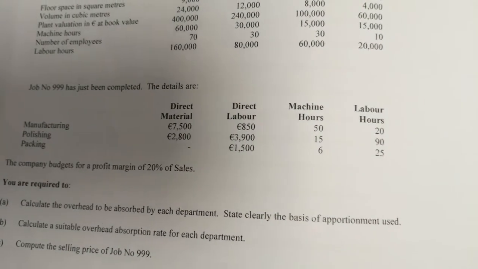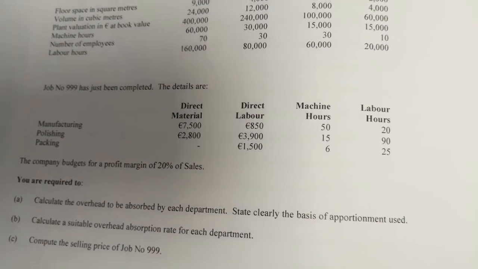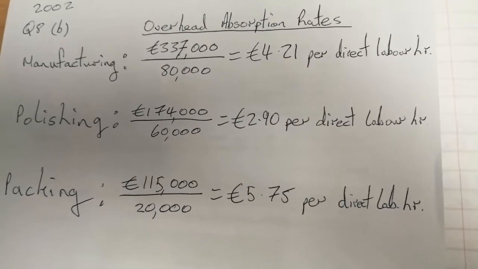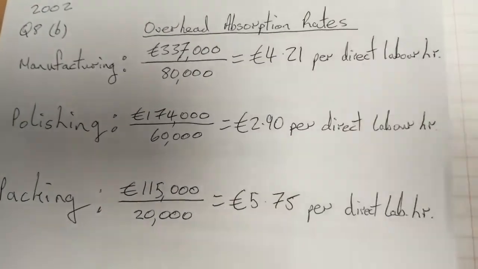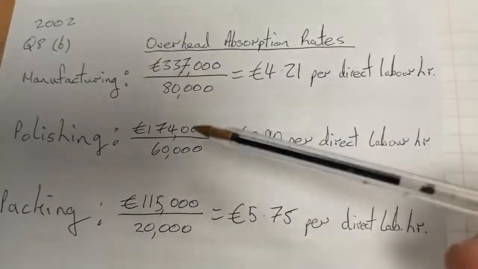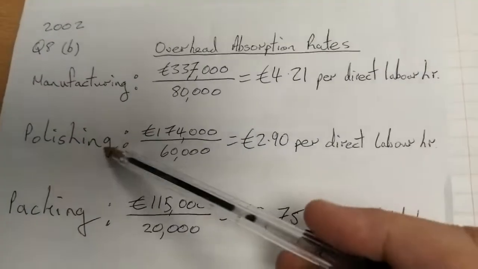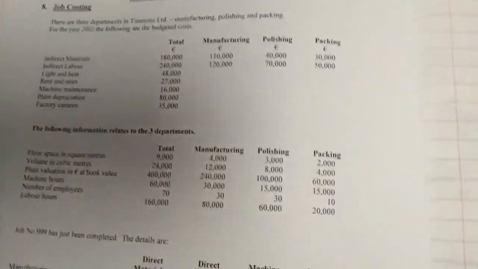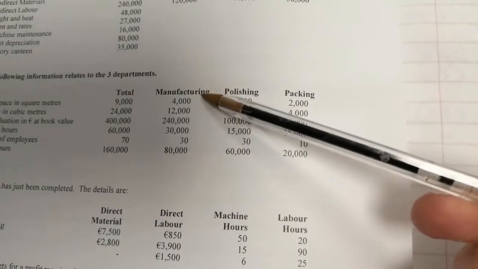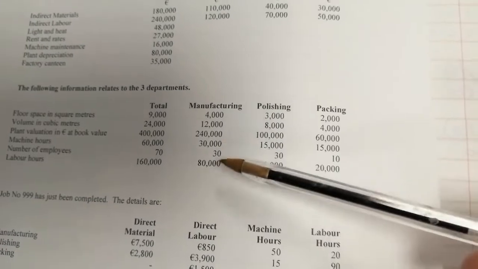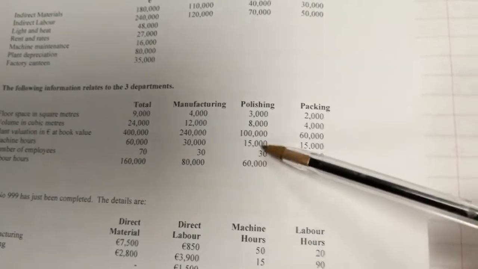So first of all, I have done part B. I'll just show you the bit that I've done. Yours should say something similar. The total overheads for each of the departments was 337,000 for manufacturing, 174,000 for polishing, and 115,000 for packing. If we look at the question, in the manufacturing department there's 80,000 labour hours and 30,000 machine hours, so we should be using the labour hours.